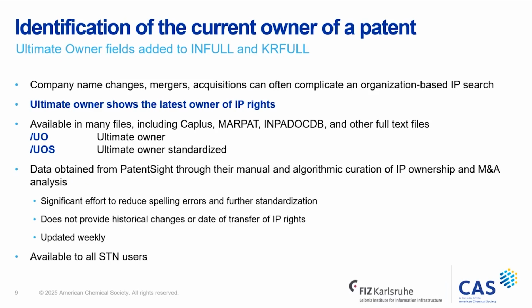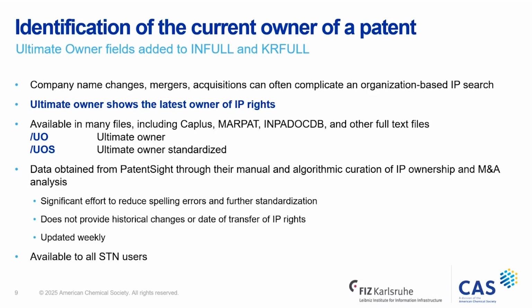So this currently is already available in several other files. As mentioned, these additions to ION full and KR full are building on updates that we've made to other databases over the last several years, including CA+, SmartPat, IMPADOC, and other full text files.